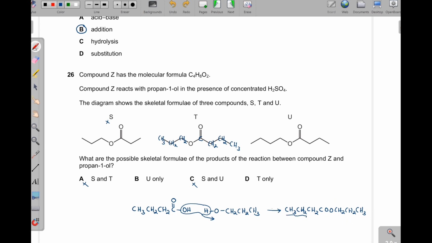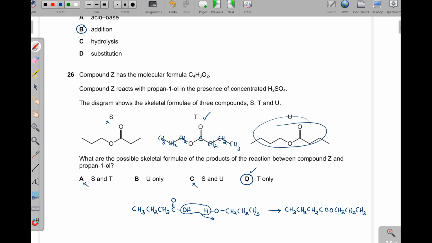CH3, CH2, CH2, COO. You see that? That is the butanoate. And then the alcohol here. So that means T is okay. Okay? This one is okay. So wherever there is T, then I put a tick. So it has to be here and also here. But since I put a cross here, then that means that A is off. Then this is the answer here, D.